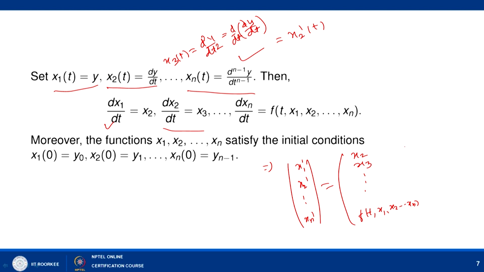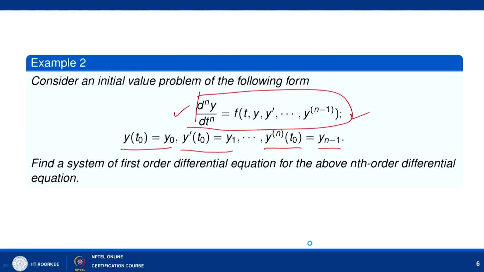So, it means that this is the system of first order differential equations, and the initial conditions also we can find out. So, initial conditions are given as y(t naught) equal to y naught, y dash(t naught) equal to y1, and y^(n-1)(t naught) equal to y_(n-1). So, since we have assumed that x1(t) is equal to y, we can say that x1(t naught) is equal to y naught.